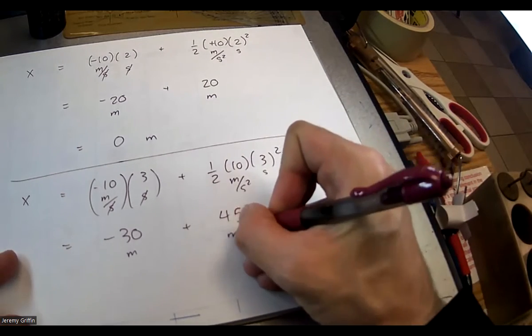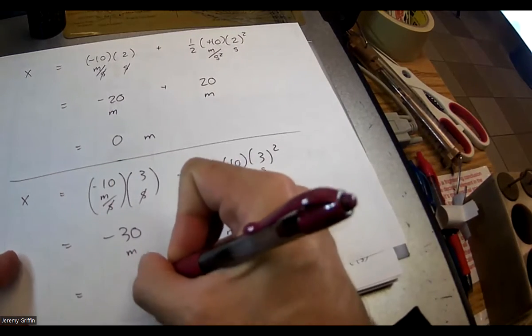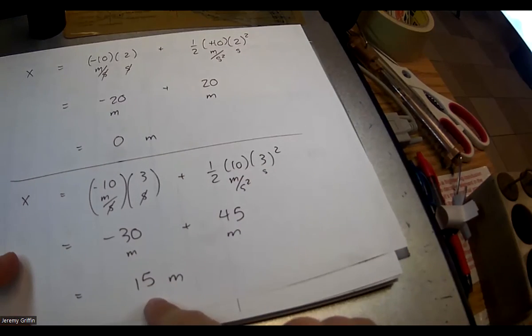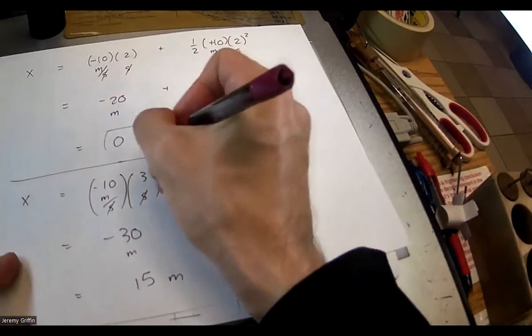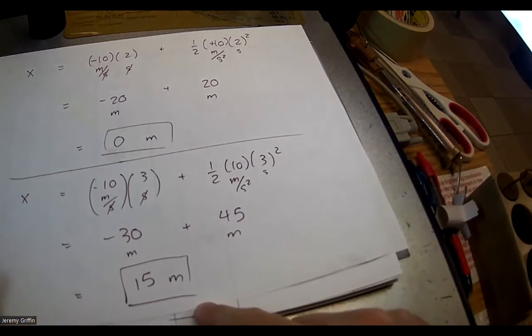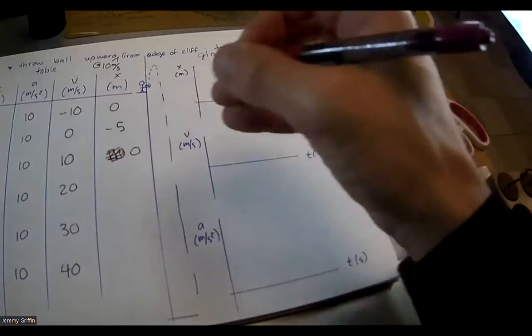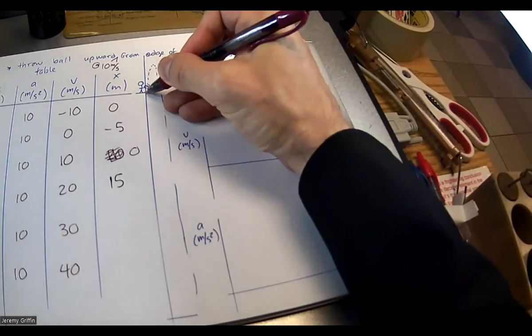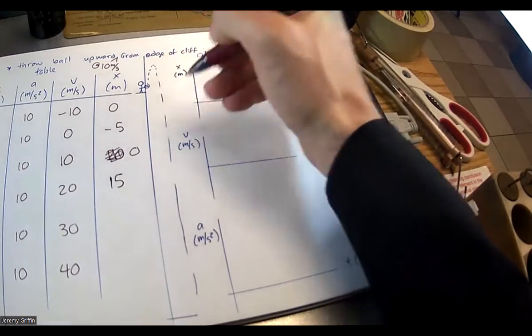Yeah, this looks right. So that'd be 15 meters below the cliff edge, right? So this is 15 meters from this cliff edge. We could go 15 meters down. Okay, that's the next second.